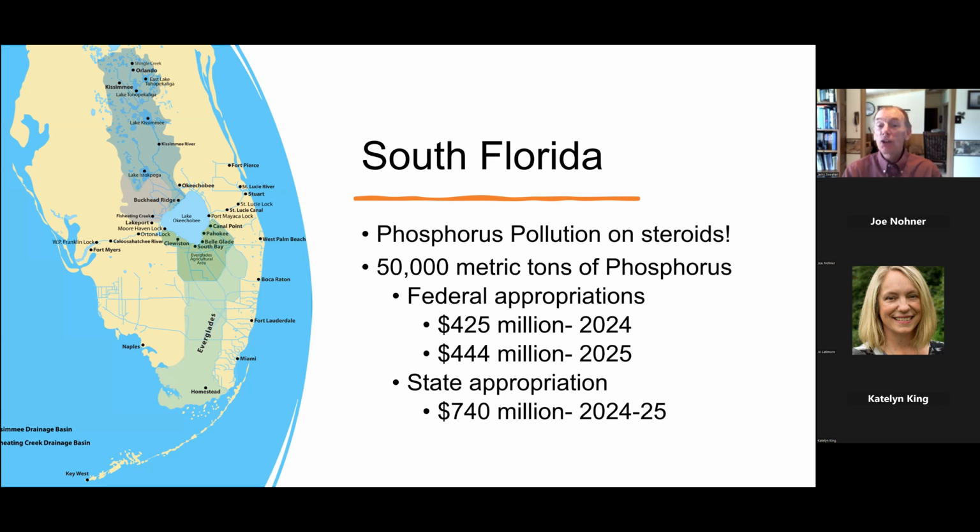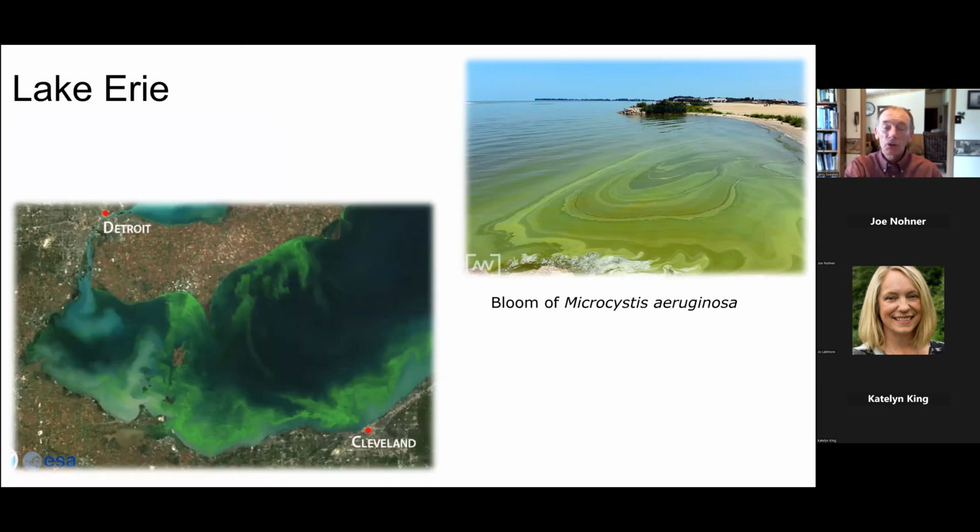I wish we had just a small part of that for at least, I'll say, Indiana lakes where we are dealing with similar sorts of issues. Lake Erie, another example of what happens when you pond up this sediment and nutrient-laden water. And this becomes a serious issue with harmful algae blooms and too much phosphorus.